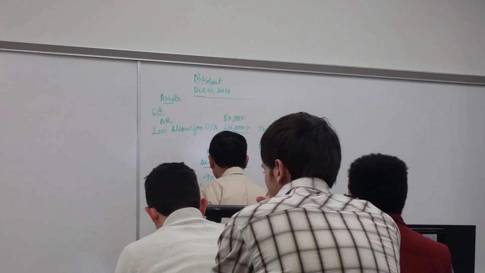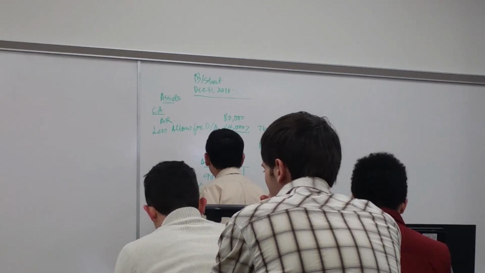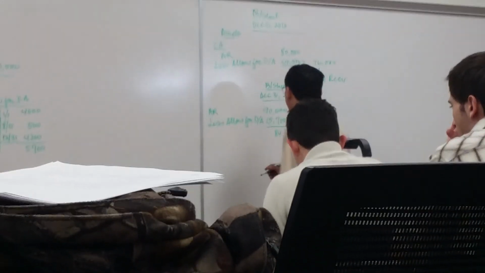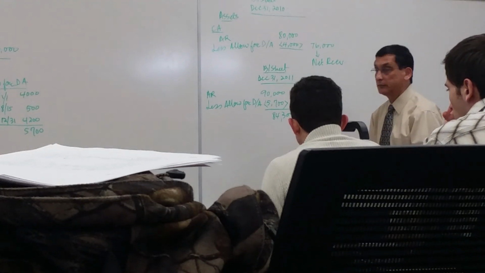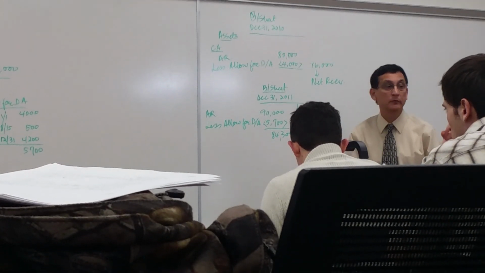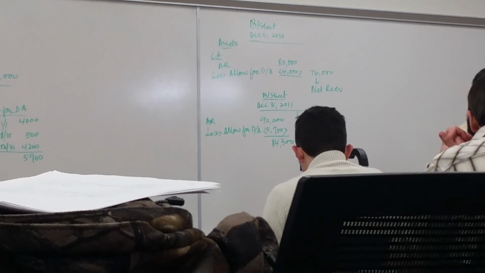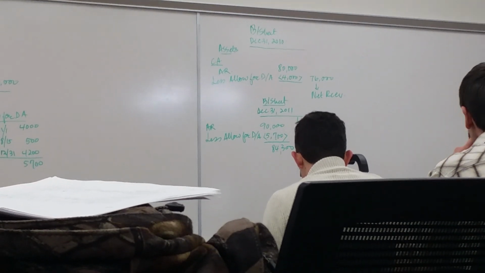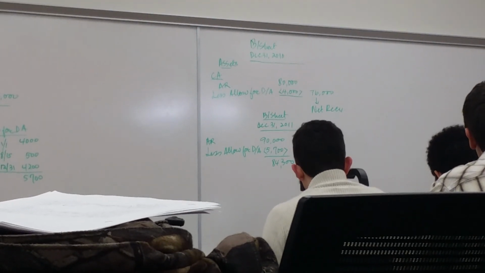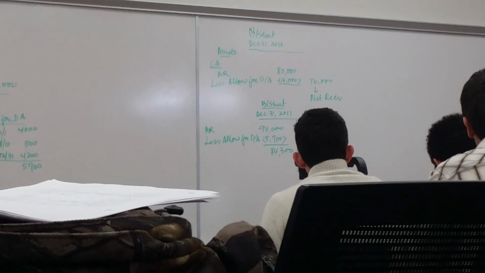Is it 5,700? What's my net receivable? 84,300? Did you do this computation? Clear? Questions?